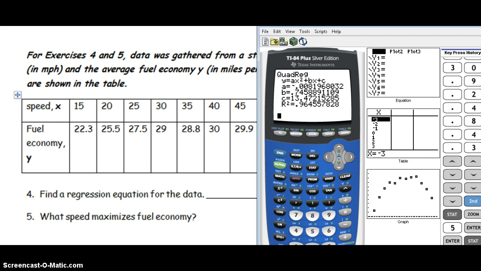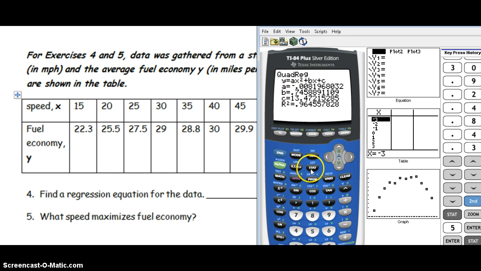You plug in this for A, this for B, and this for C, and remember that the r squared is telling you how accurate that equation will make a prediction. The closer this number is to 1, the better your equation fits.